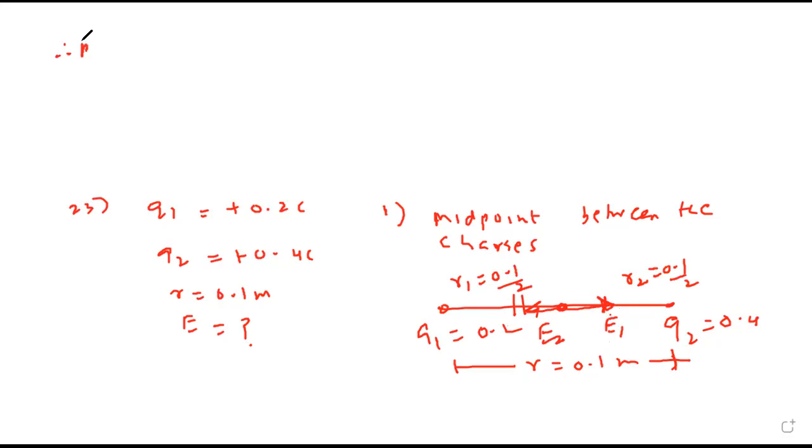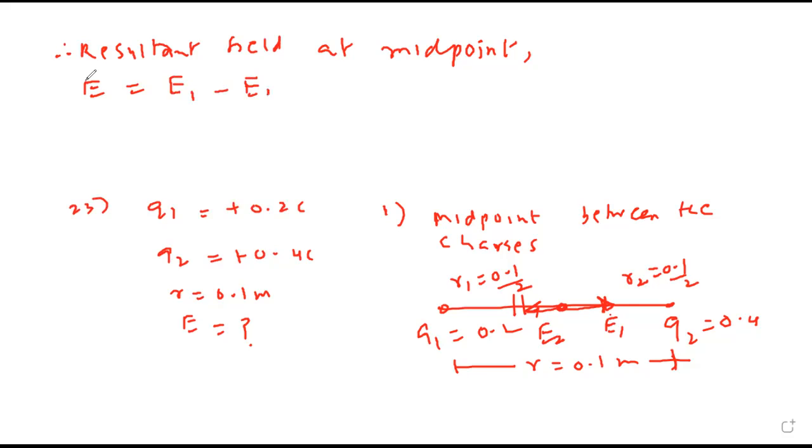So therefore the resultant field at the midpoint, E, will be modulus of E1 minus E2, because I don't know who is greater, who is smaller.